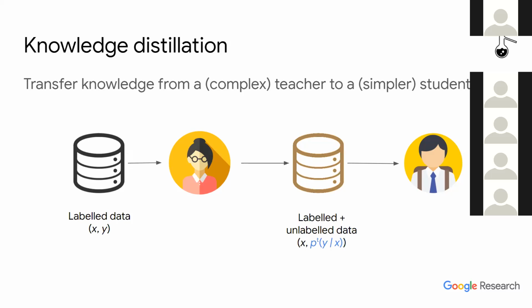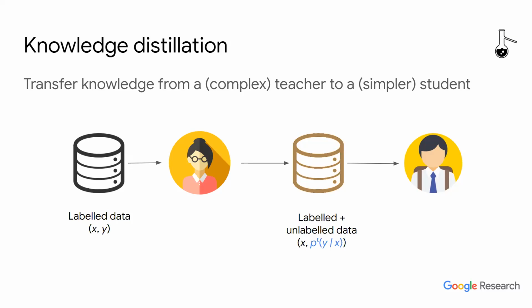But it is very costly. So the way to use these models in real-world applications is to train a simple model that can mimic the behavior of the complex models. That is why we are doing distillation.